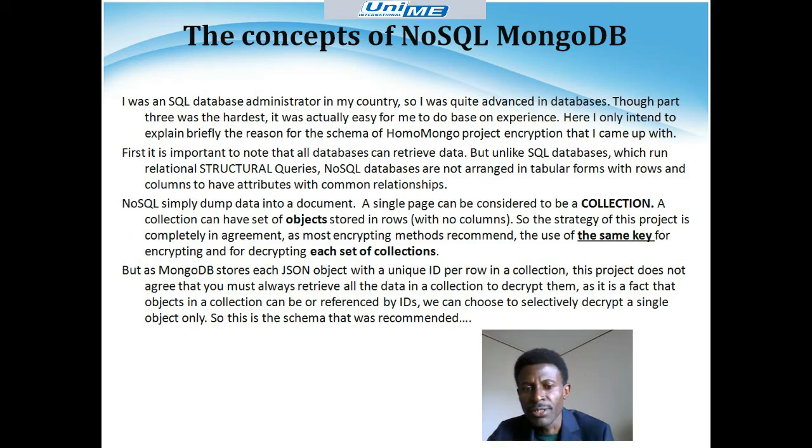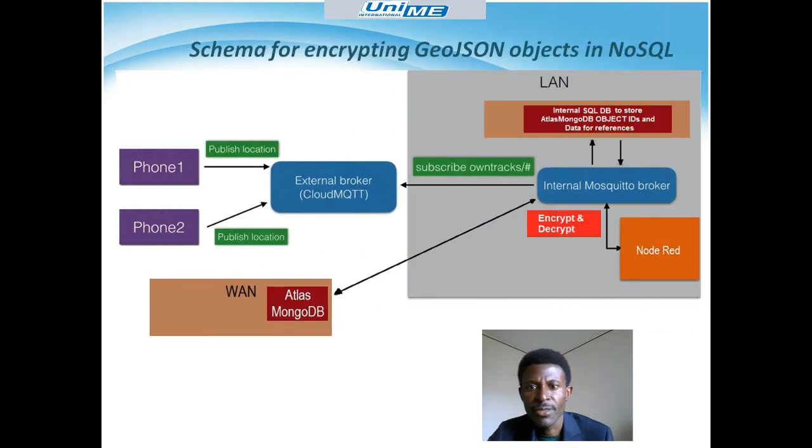So this is the schema that was recommended. As you could see, after our private network subscribed from Owntracks and it arrived at the internal Mosquitto broker and was sent to Node-RED, it is then encrypted and sent to Atlas.